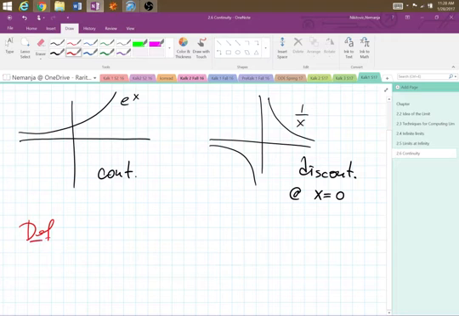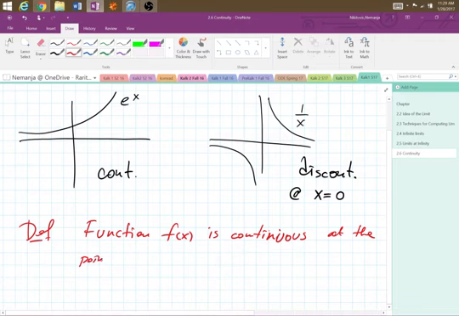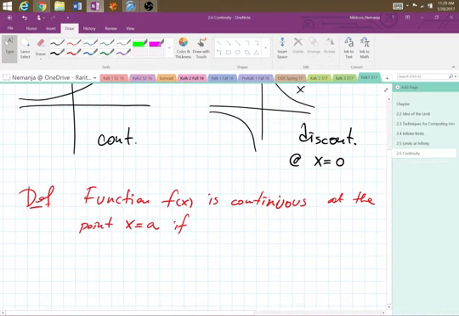So definition: a function f of x is continuous at the point x equals a if, number one, f of a exists.